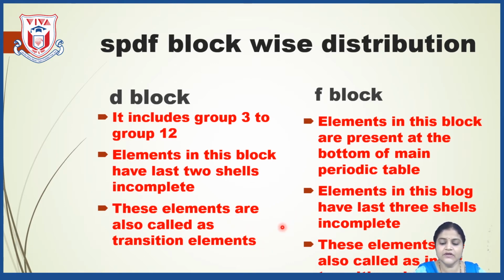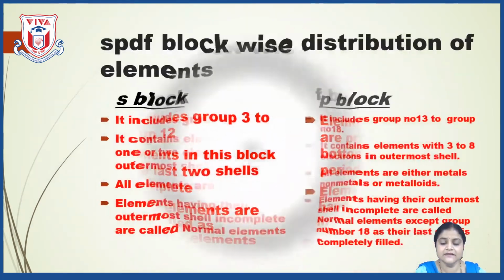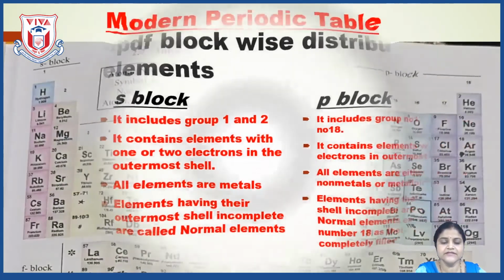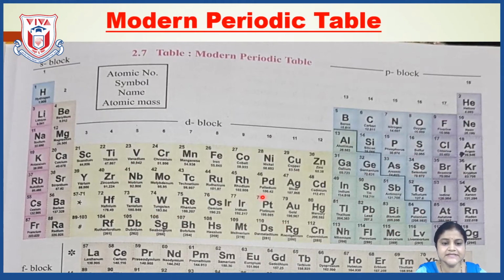Let's have a look at the main periodic table. Here you can see the D block, which starts from the third and ends at 12, and then here at the end the F block.